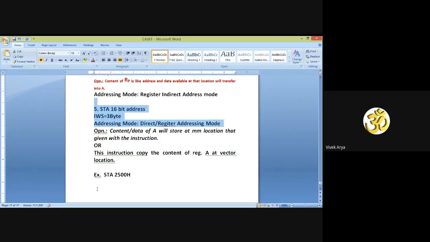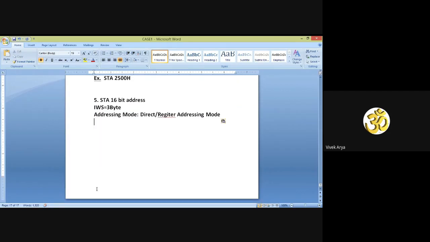STAX RP. I'm just copying it. This is the 6th instruction.